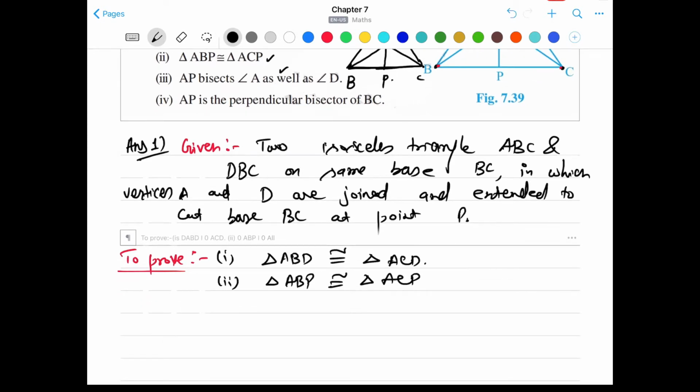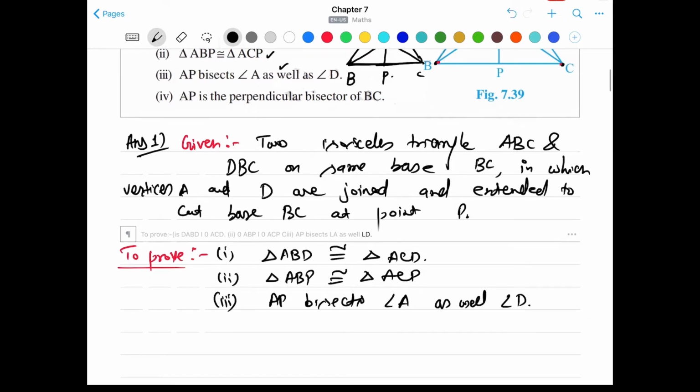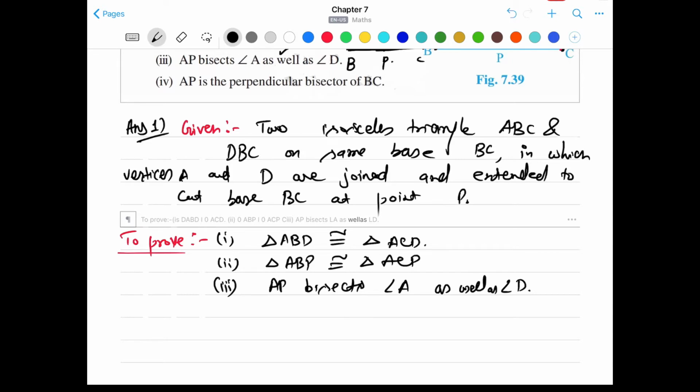Third, AP bisects angle A as well as angle D. And the fourth and last one is AP is the perpendicular bisector of BC. That means AP is perpendicular to BC and it is also bisecting BC into two equal parts. That's what we have to prove in part 4. So let's start the proofs one by one.